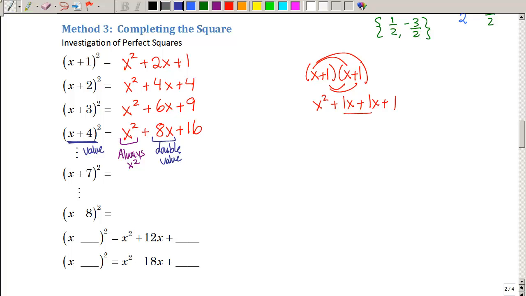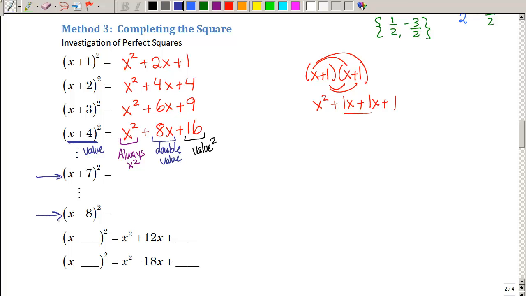And then the last column, the 1, 4, 9, 16, we notice that that's the square of the value you found in the binomial.